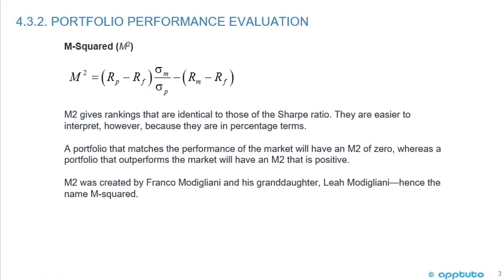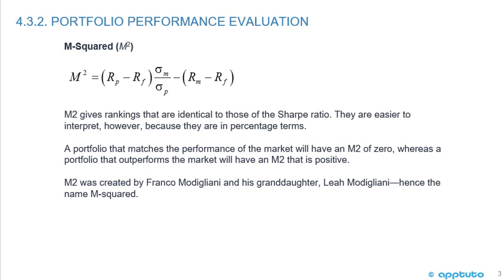Moving on to the M-squared, the formula for the M-squared is the return to the portfolio minus the risk-free rate, times the standard deviation of the market divided by the standard deviation of the portfolio, minus the return to the market minus the risk-free rate. So M-squared gives rankings that are identical to those of the Sharpe Ratio.